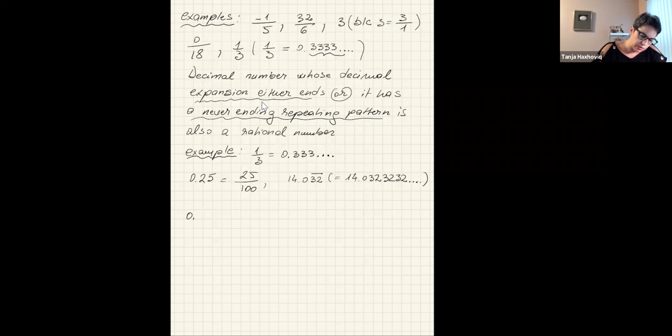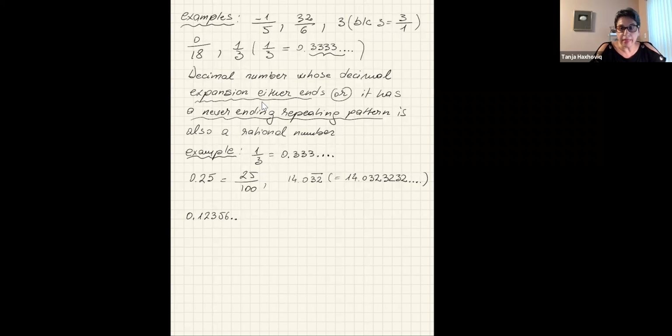Okay, numbers 0.1, 2, 3, 5, 6, and so on. Certainly, it has a decimal expansion that never ends, but it doesn't have a repeating pattern. As such, it is not an example of a rational number.